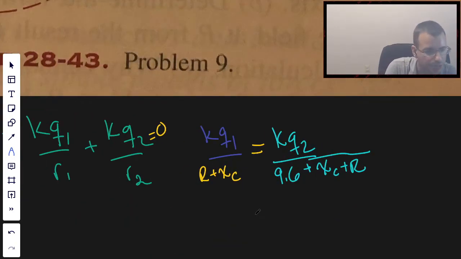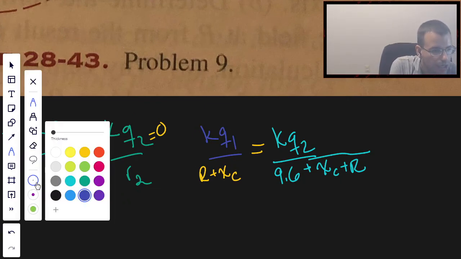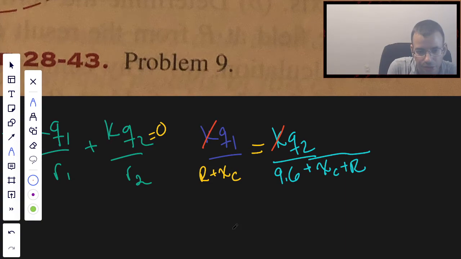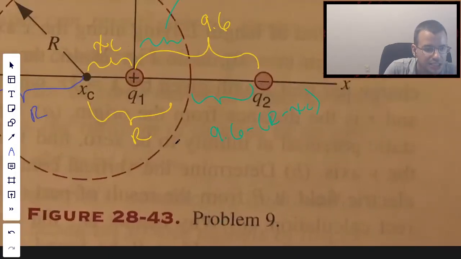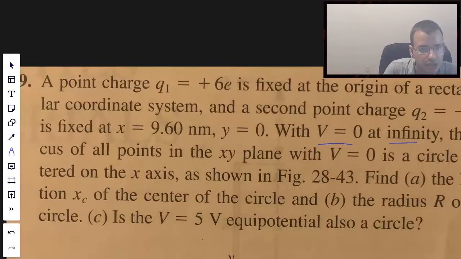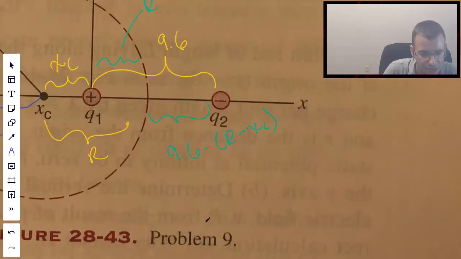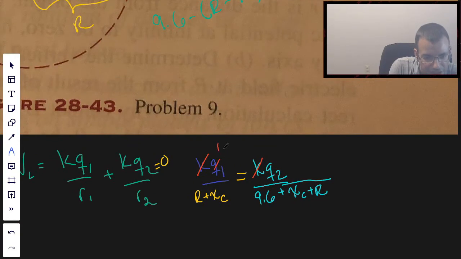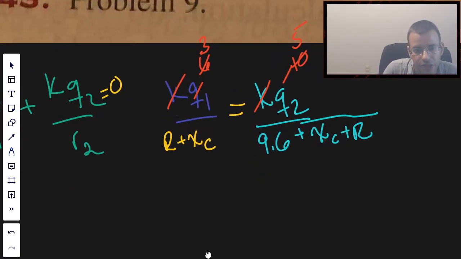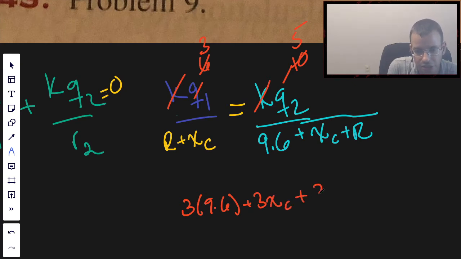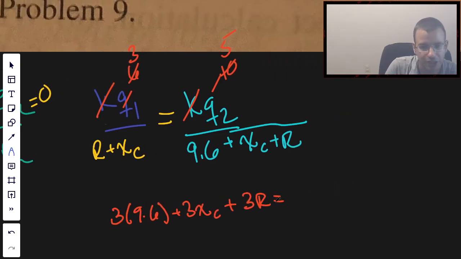All right, so now we're going to do some simplifying. K's cancel. So Q1 is 6 and Q2 is 10. So this is 6, this is 10, which I'm going to divide. I'm just going to divide both sides by 2. I'm going to call that 3. I'm going to call that 5. So this is going to be 3 times, I'm going to cross multiply here, 3 times 9.6 plus 3xc plus 3r equals, now I'm going to cross multiply this side over to there.